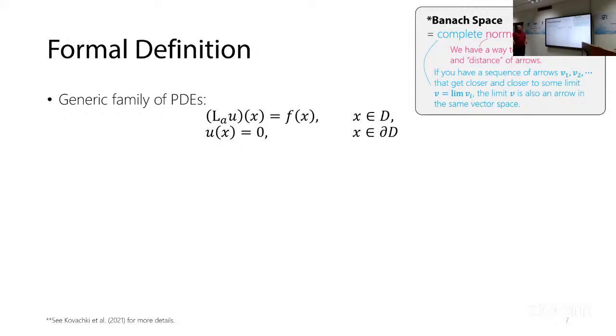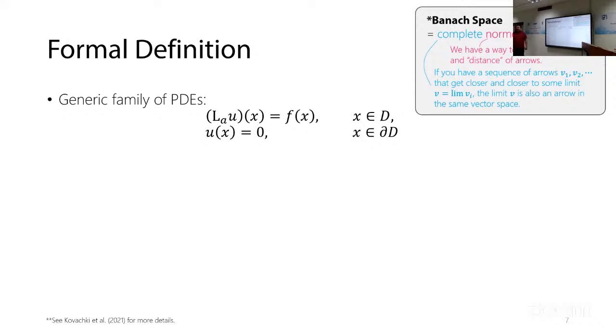We already saw quite a few differential equations describing some physics phenomena, and at the end of the day, you can write them all in a generic form without losing generality. So we have this differential operator L_A acting on the function U. That's what's happening on the left-hand side.